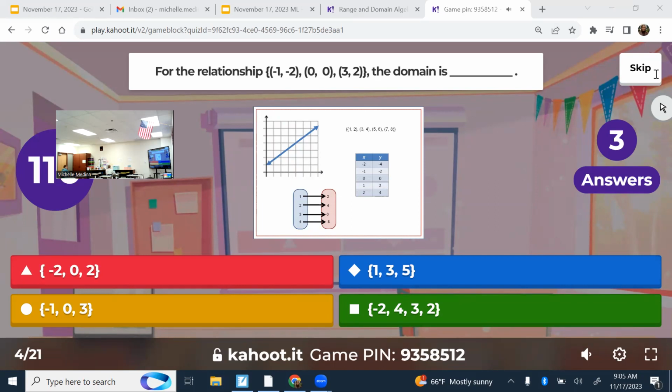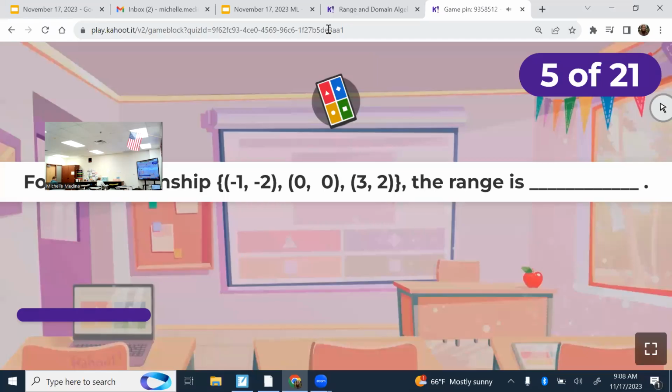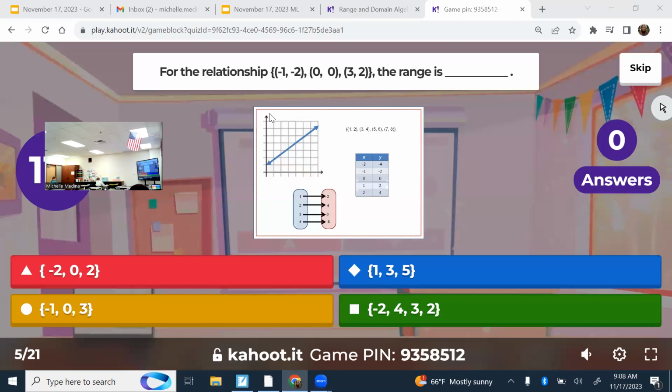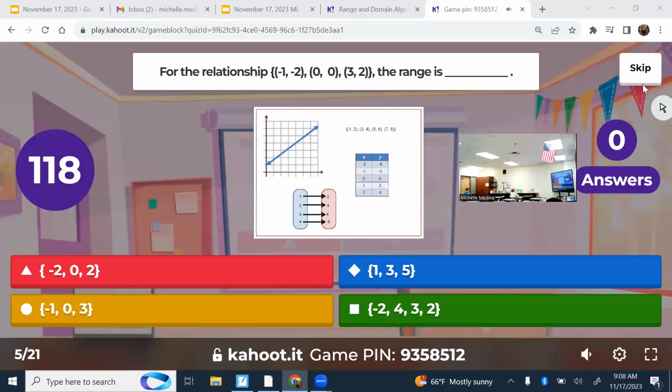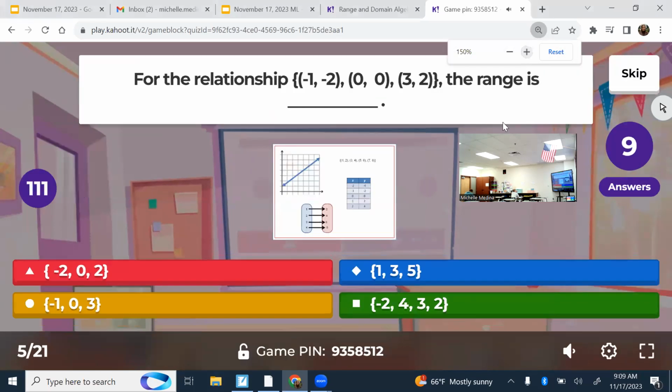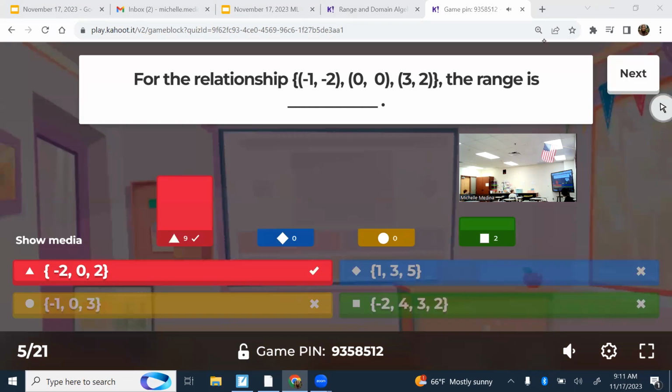For this relationship, what is the domain? So coordinates. This time, what is the range? So class, when we talk about range, what are we talking about?